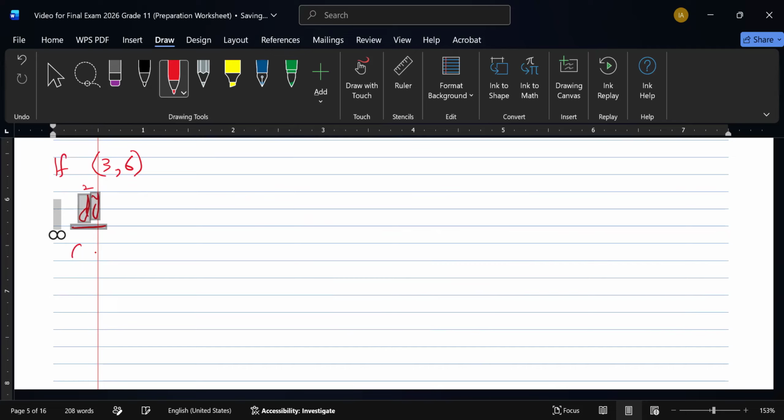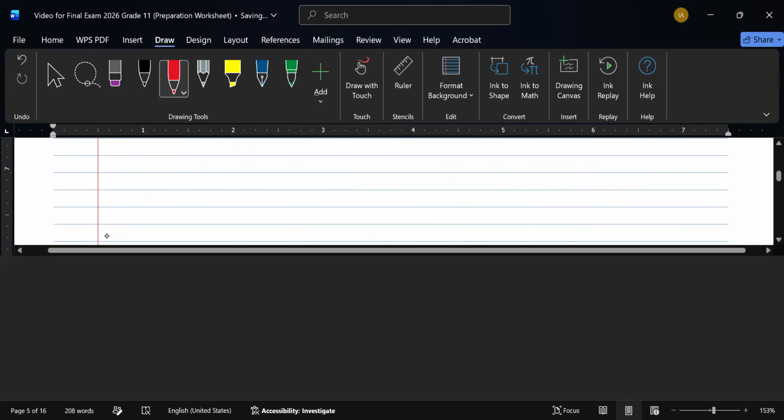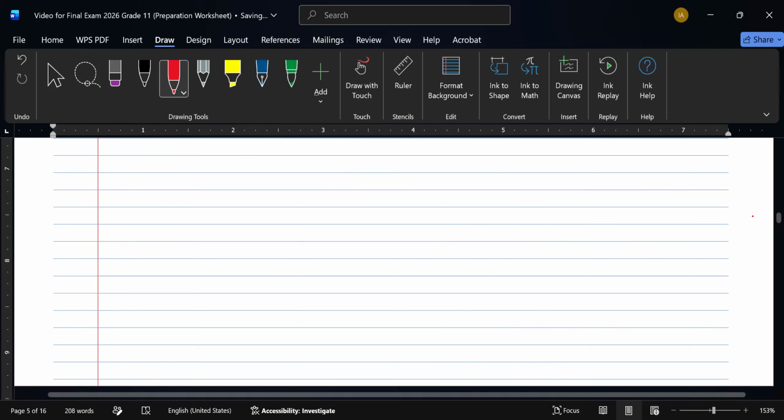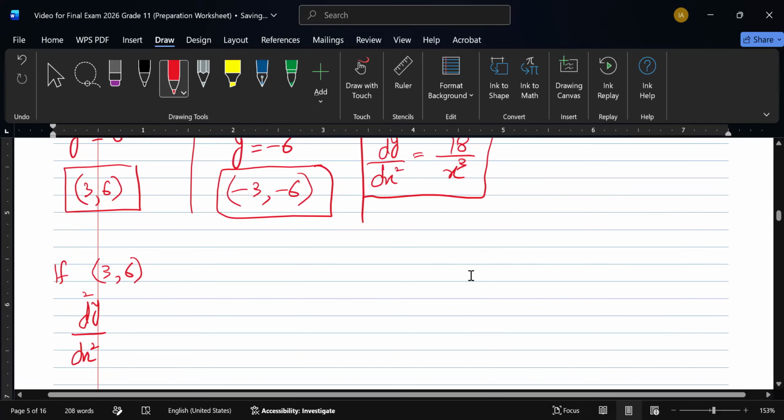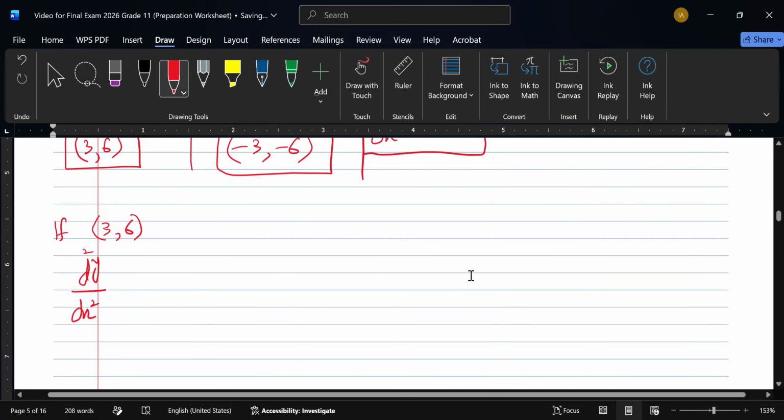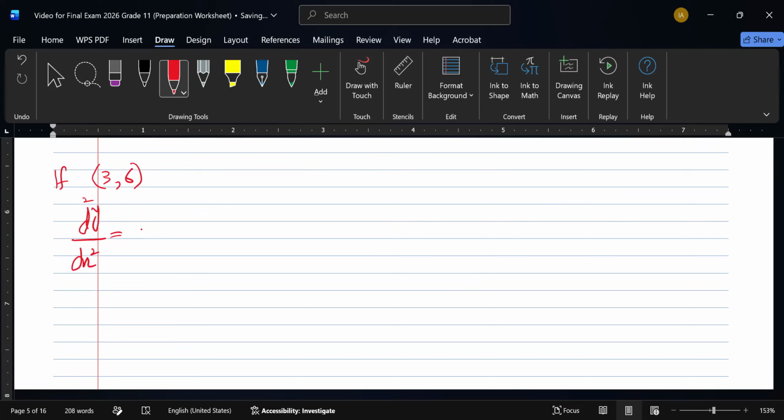That's my first point. I substitute this in the second derivative. Remember, we can substitute only the value of x. There is no place to substitute the value of y. Remember this. The second derivative is 18 upon x cubed, so we substitute x as 3 here. It's going to be 18 divided by 27.